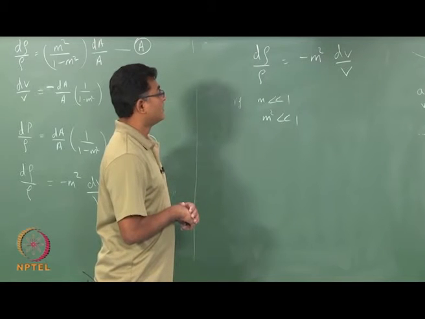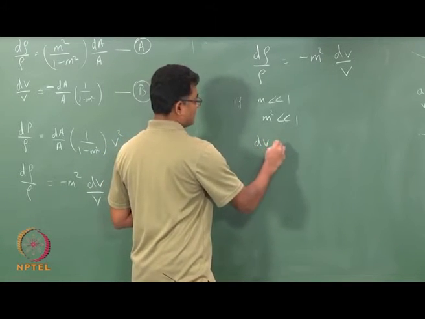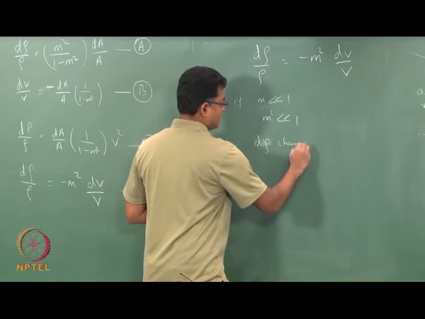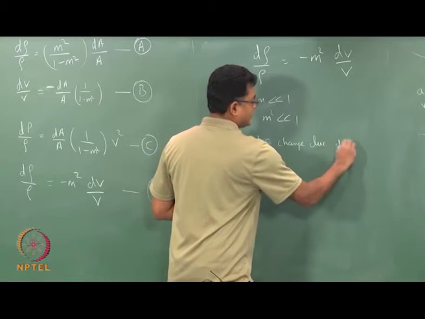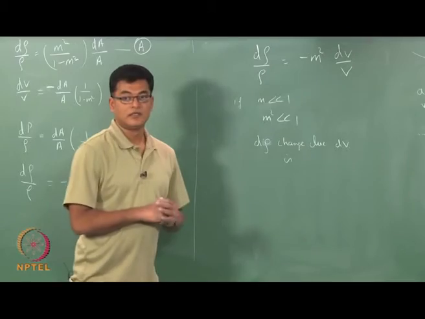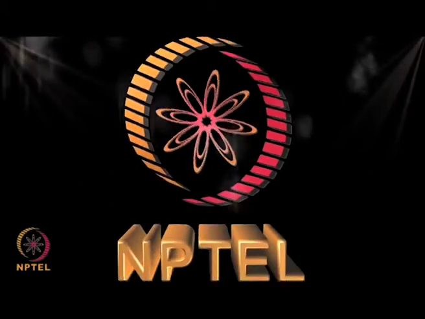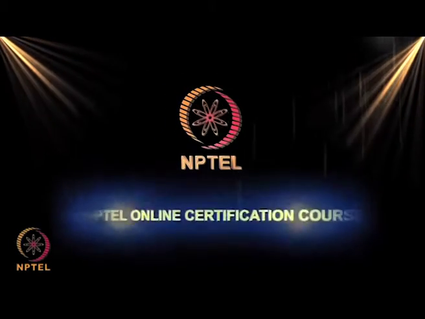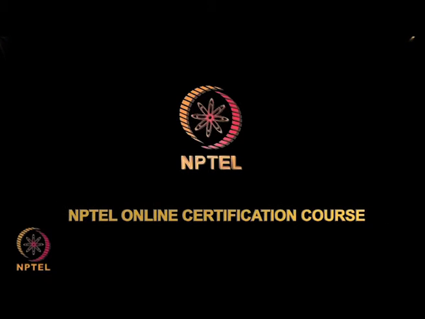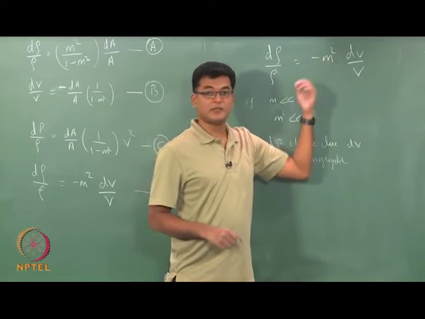So, your d rho change due to dV is very small if the Mach number is very small.